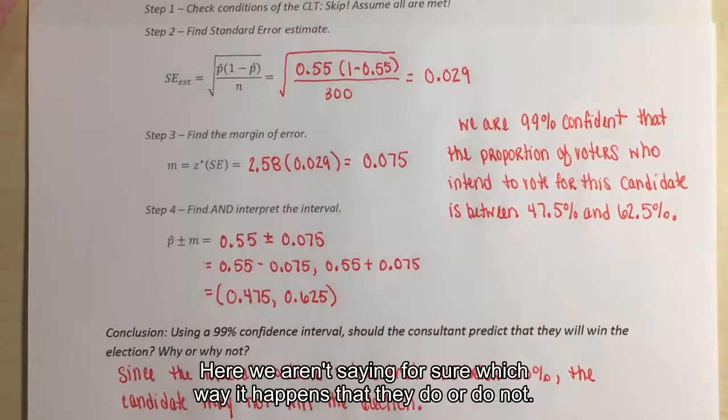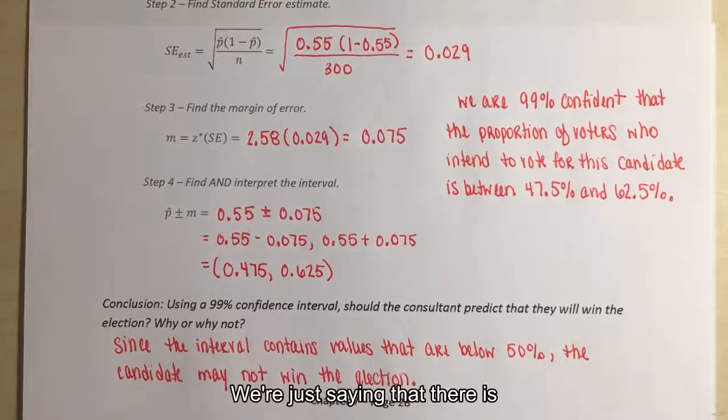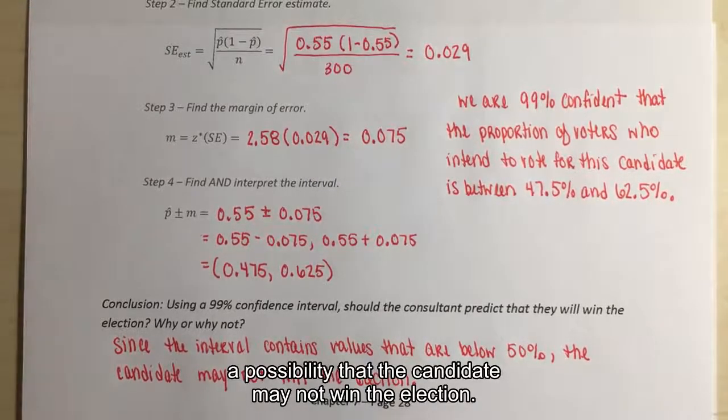Again, here we aren't saying for sure which way it happens, that they do or do not. We're just saying that there is a possibility that the candidate may not win the election.